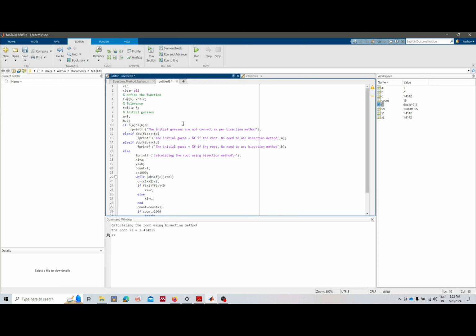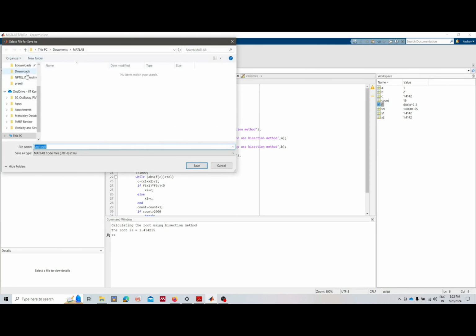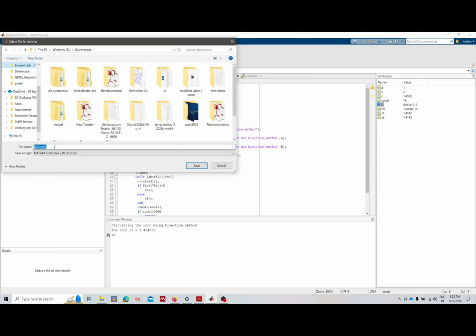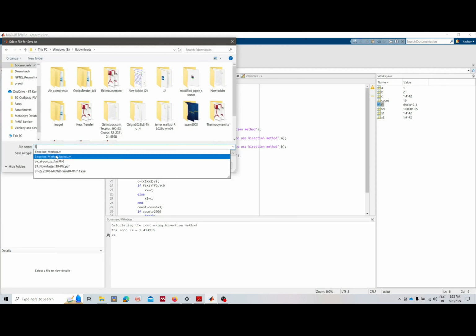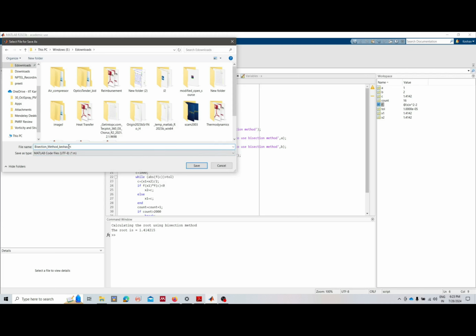Okay, now suppose one of my initial guesses is 1.414, and the tolerance is somewhat lesser. First I should save this code. Suppose I am saving this code as bisection method.